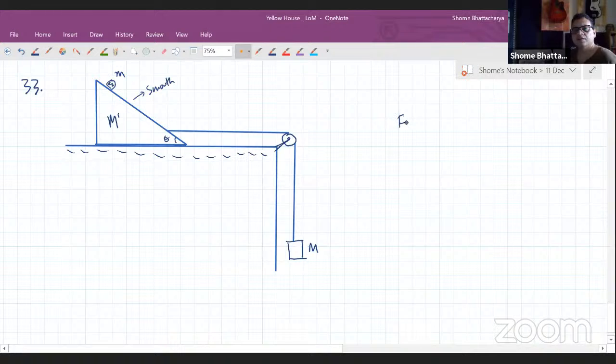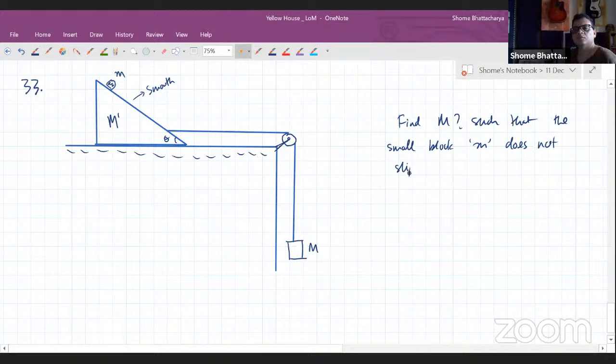So we have to find m such that the small block, this one small m, does not slip with respect to the inclined surface of the wedge m prime.